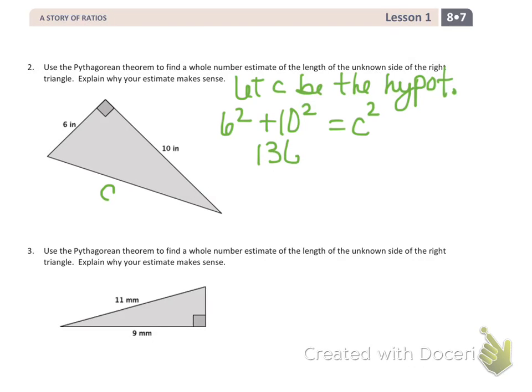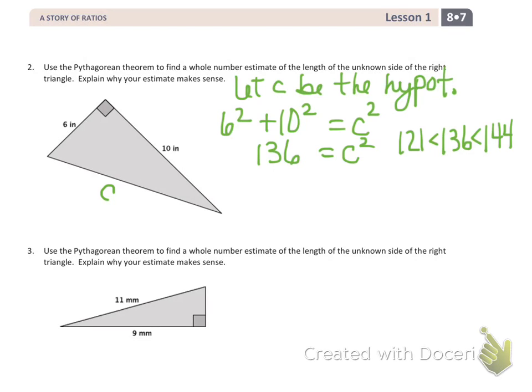And 136 is equal to the square of C. So 136 is going to be between 144 and... 144 is greater. And then the next closest square would be the 121. So we've got 11 squared and 12 squared.